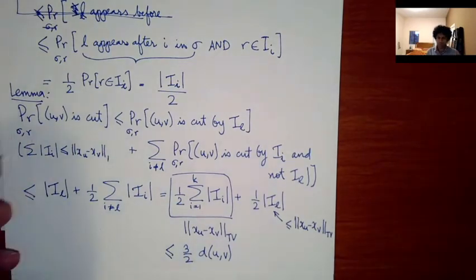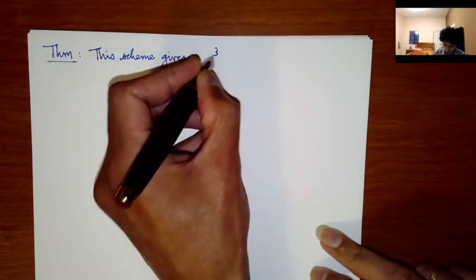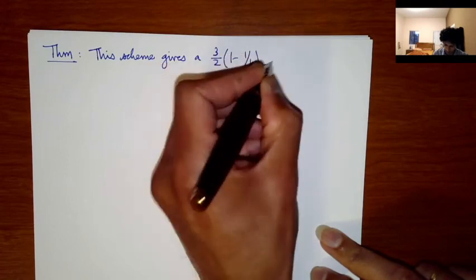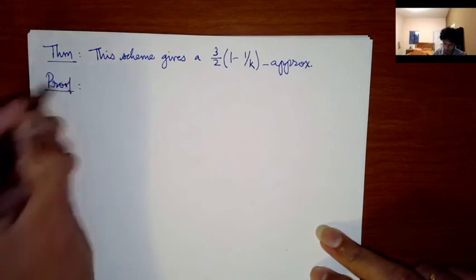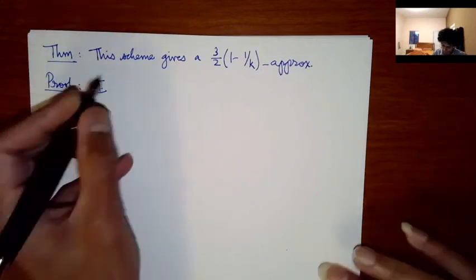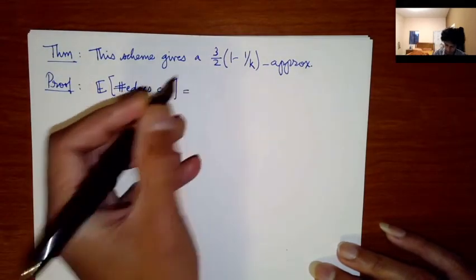And then if you sum this up, I'll just complete the proof, there is a theorem that this scheme gives a 3/2 times 1 minus 1 over k approximation.